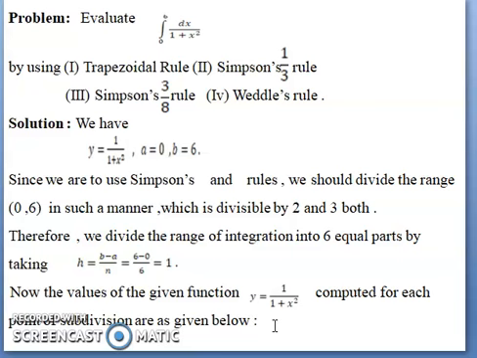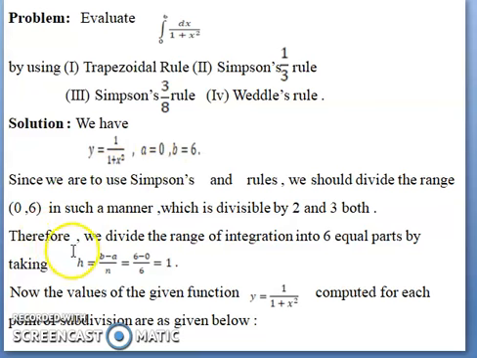So when we start solving the problem by the trapezoidal rule, Simpson's 1/3 rule, Simpson's 3/8 rule, and Weddle's rule, before starting the solution, we put down the function: y equal to 1 by 1 plus x squared. The lower limit is 0, upper limit is 6.